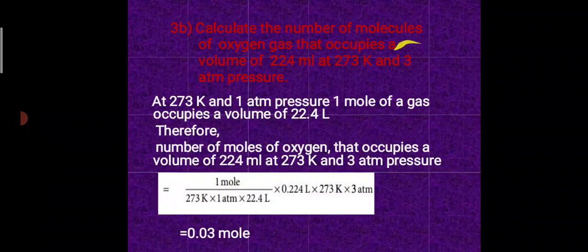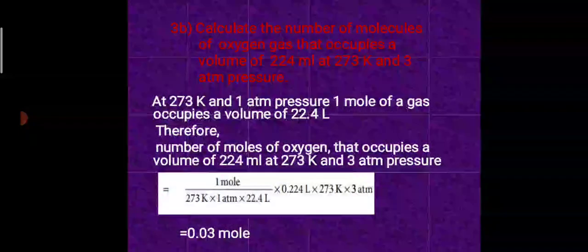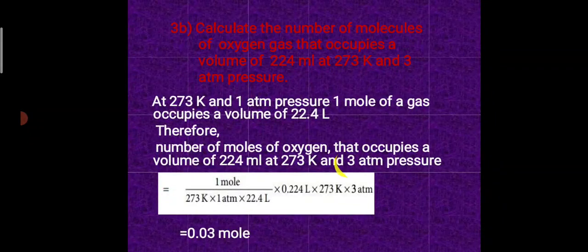But they have given us 3 atmospheric pressure, we have to just multiply that by 3, that's all. So the number of moles of oxygen will be 1 mole divided by 273 Kelvin into 1 atmosphere into 22.4 liters, into 0.224 liters into 273 Kelvin into 3 atmosphere.